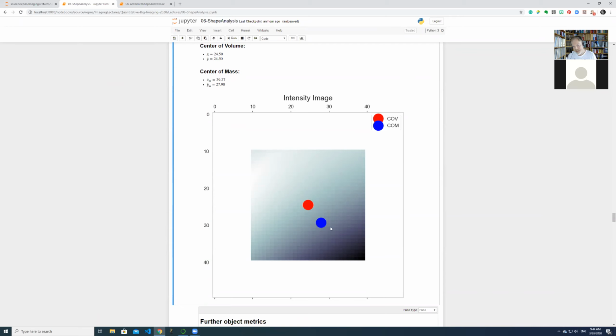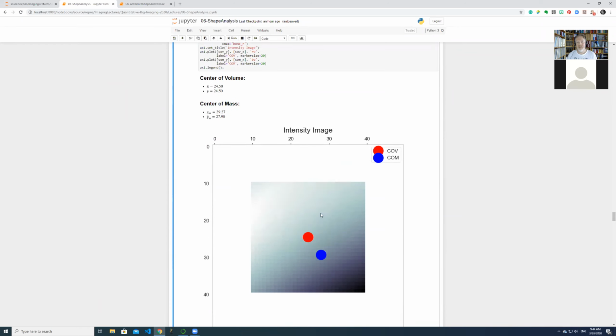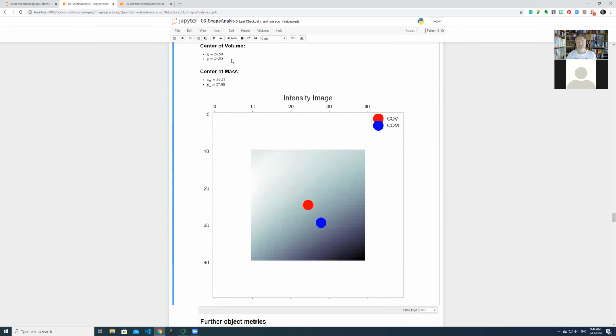So it's actually displaced along this line. So it actually makes a difference. And depending on your task, choose the one that you need. In some applications, center of volume is perfectly sufficient. In other cases, you want to know a little bit more about how the weight is distributed within the object, and you need to go for the center of mass.